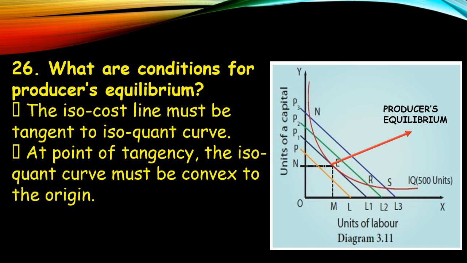Convex means the curve should be exterior to both axes, facing opposite to x and y, convex to the origin. These 2 points are very important for producer equilibrium.